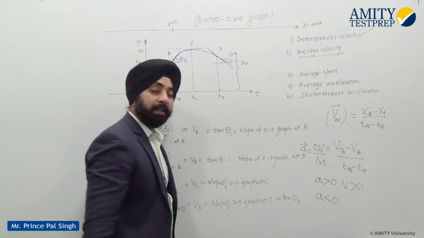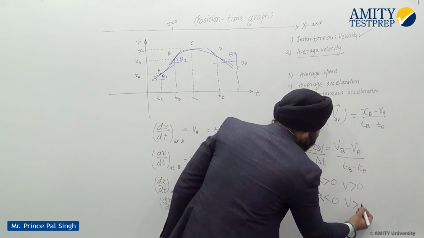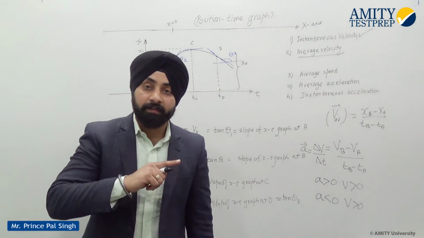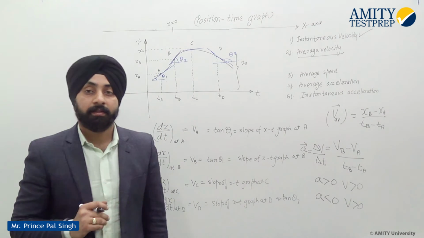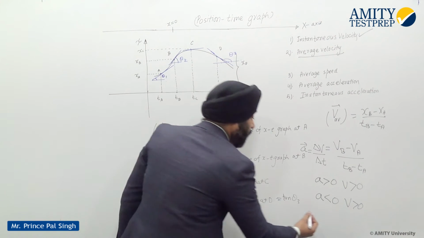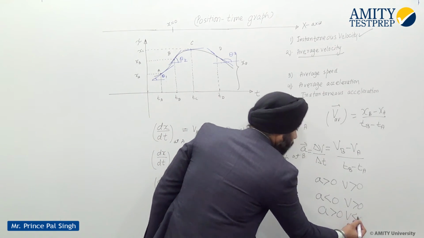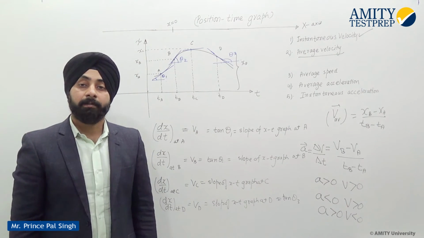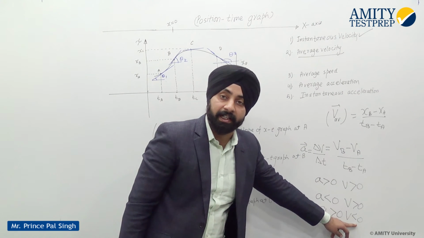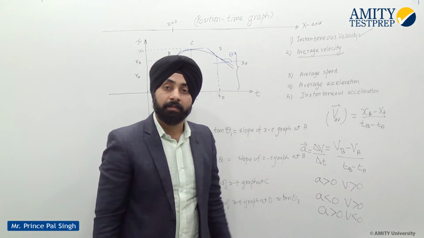If the acceleration is negative and velocity is positive, it means that the particle is moving along the positive x-axis, but its speed is decreasing. In the same way, if a is positive and v is negative, it means that the particle is moving in the negative direction and its speed is decreasing.